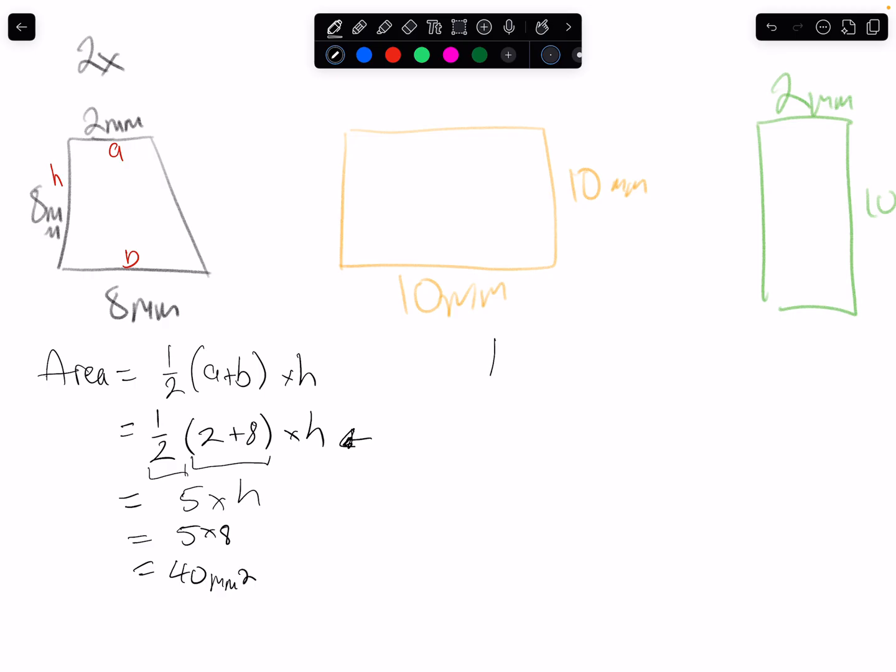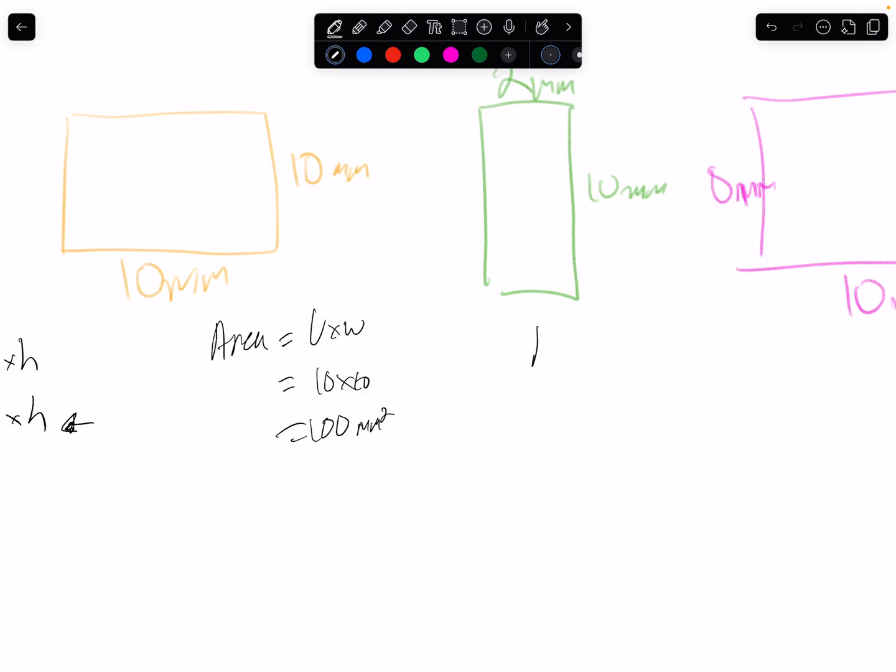Here, our area for a rectangle is equal to length times width, which is equal to 10 times 10, which is equal to 100 millimeters squared. Here, our area is equal to, again, length times width, which is 2 times 10, which is 20 millimeters squared.